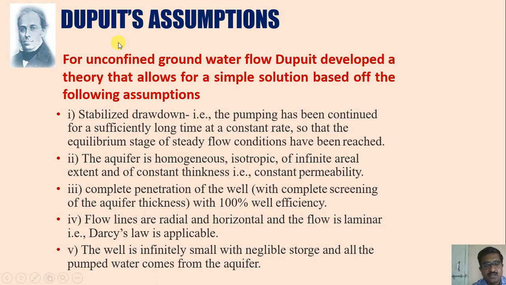Now again, one more scientist who has given a theory is Dupuit. For unconfined groundwater flow, Dupuit developed a theory based on various assumptions. First one is a stabilized drawdown, that is the pumping has been continued for a sufficiently long time at a constant rate so that the equilibrium stage of steady flow conditions has been reached.